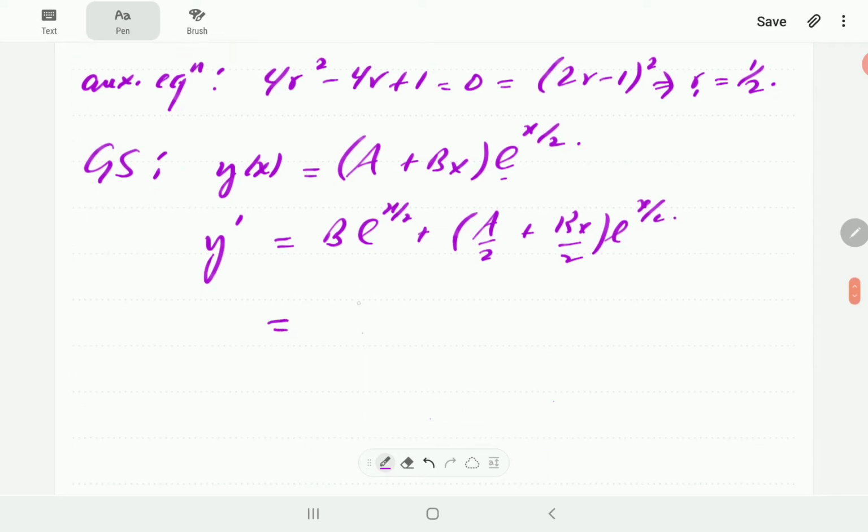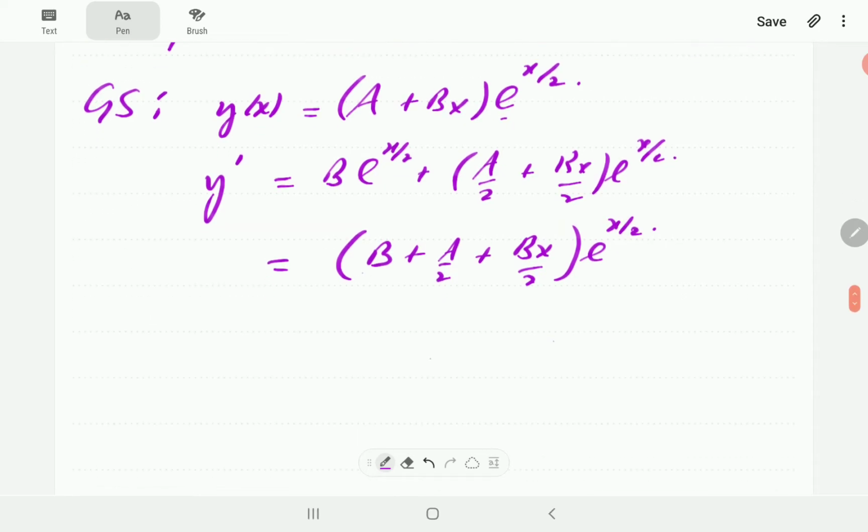So this is just going to be (b plus a over 2 plus bx over 2) e to the x over 2.